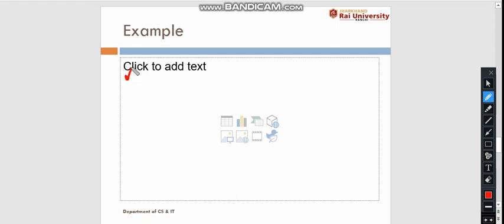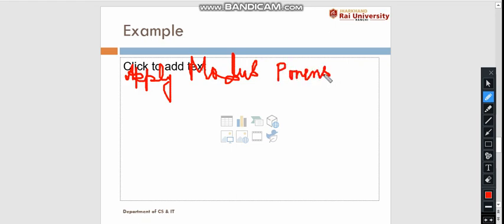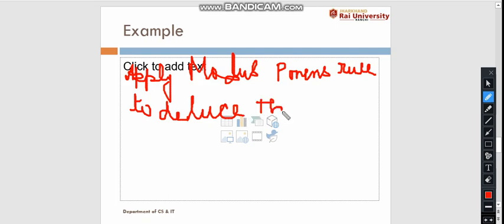Now we have to apply the modus ponens rule to deduce the rotation is quite slow.